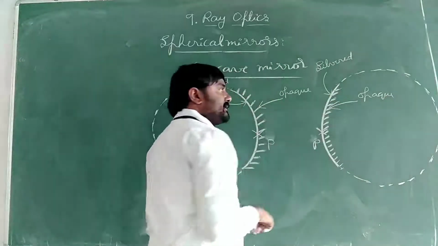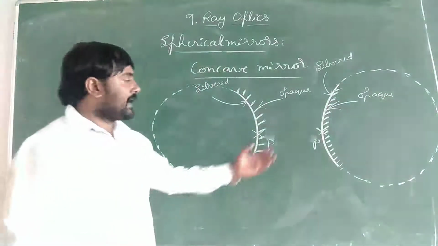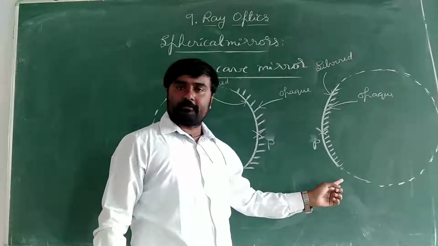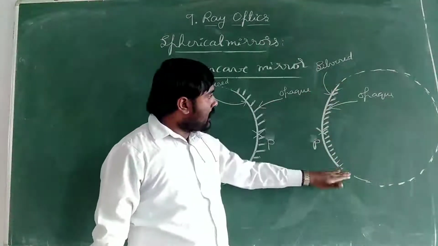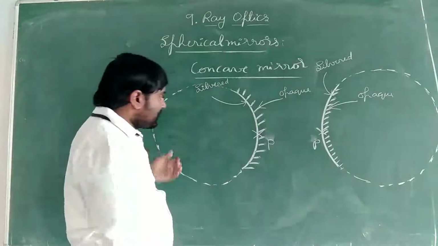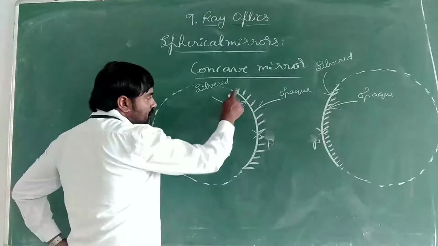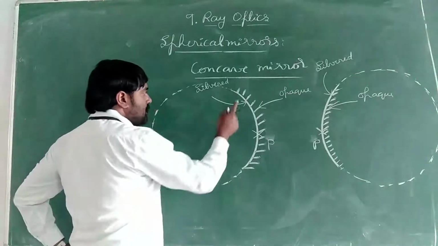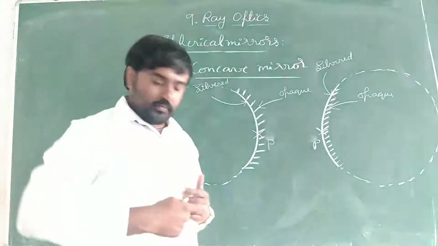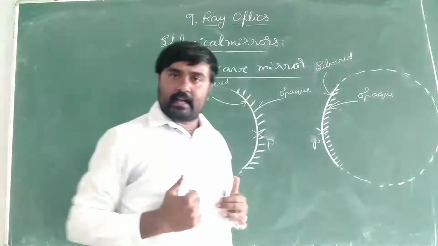Portion on inside. So here light gets reflected from outside the surface of a part of a hollow sphere. Light gets reflected from inside the surface of a part of a hollow sphere, that is concave. Cave means actually inside.